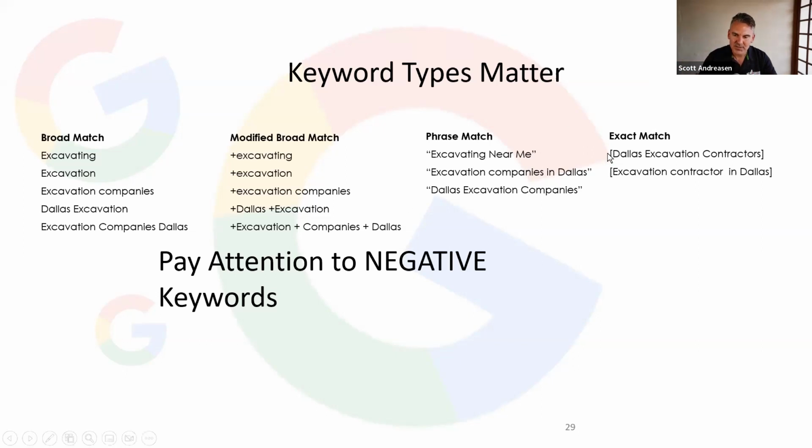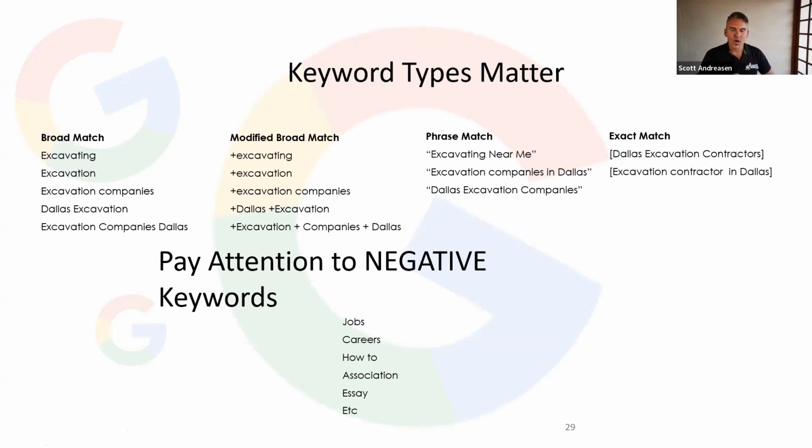And then how you enter these in is, see how there's brackets, Dallas excavation contractors with the brackets. That's how you do it. Phrase match, you enter in the keyword with those quotes. Modified broad match, you enter in the keyword with the plus sign. And then if you just want a broad match, if anyone types in anything to do with excavating, even excavating jobs, your ad would appear. And that's broad match. Hopefully that's not too complicated, guys.